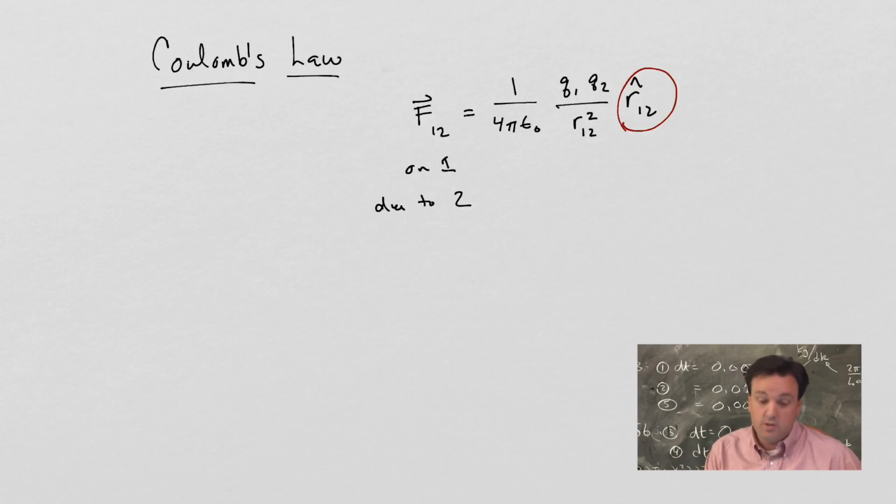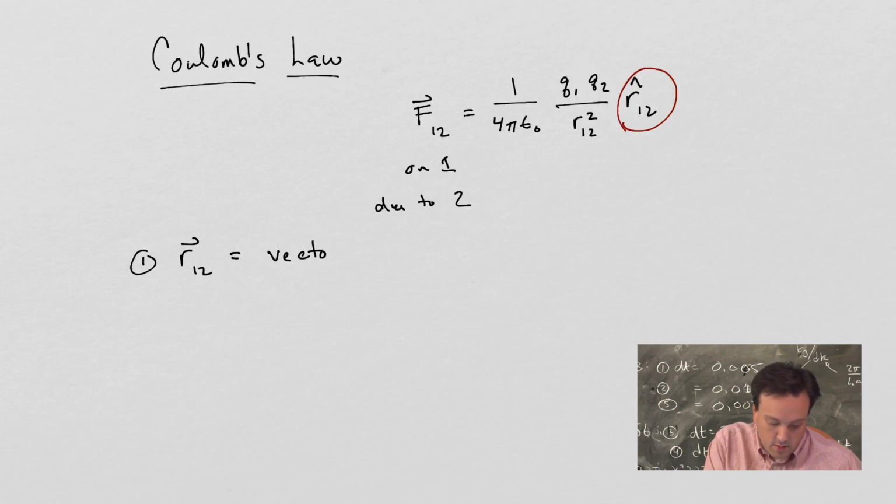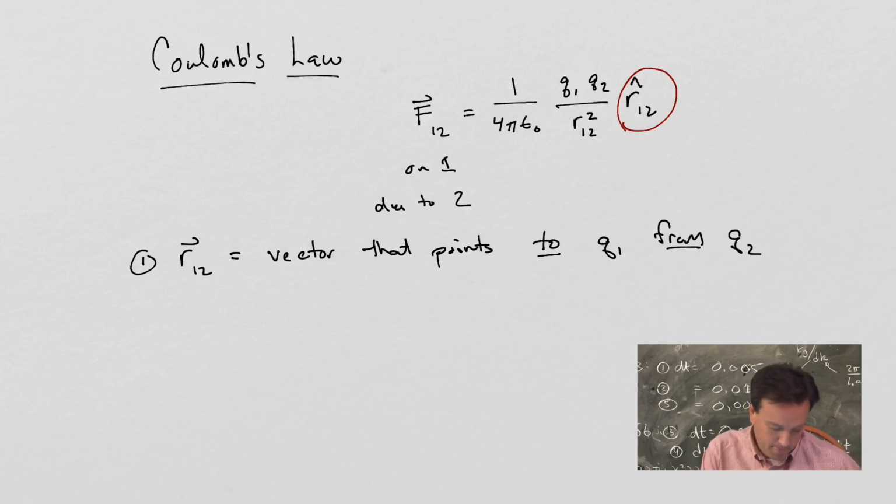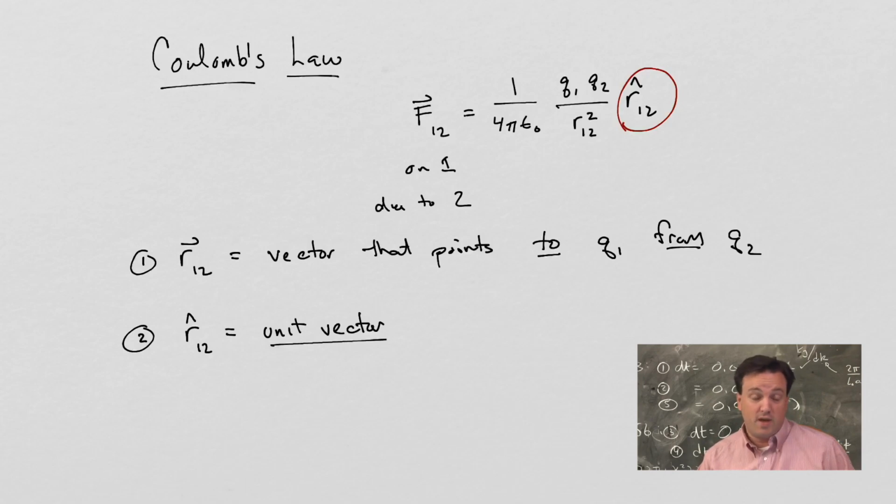And so let me talk about two different vectors. First, I want to talk about the vector R12 as a vector, and this is going to be the vector that points to Q1 from Q2. And the second definition that I want to make is that the unit vector R12 hat, by unit vector we mean that it has unit length, or that it has length equal to 1 in whatever system of units that I'm using.